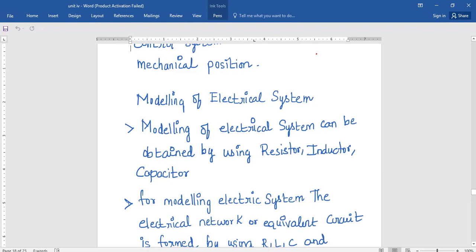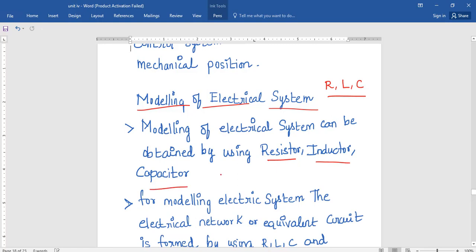The second part deals with modeling of electrical system. Here, any electrical system comprises three basic elements, that is resistor, inductor, and capacitor: R, L, and C. All electrical circuits consist of these three elements.